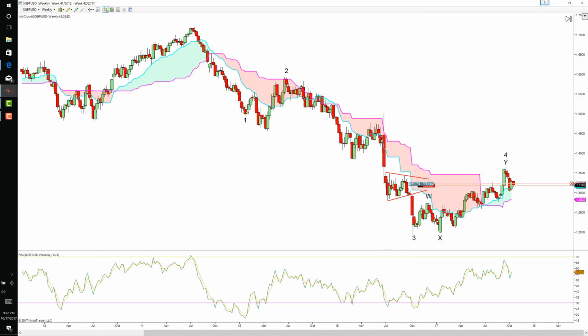This particular wave 4 is about the same proportion as this particular wave 2. So as an alternate, where my 3 is will be a wave 5.